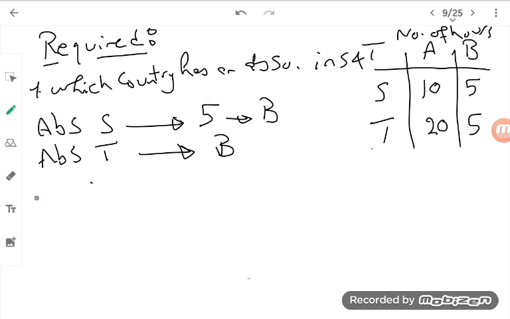Number 2. Which country has a comparative advantage in the production of soybeans and which in textile? In order to be able to answer number 2, we have to answer number 3 before number 2.